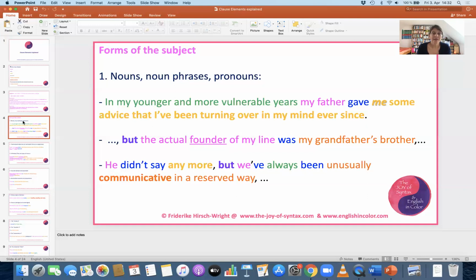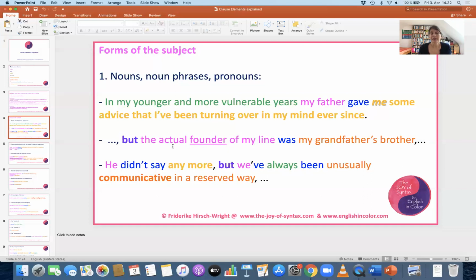This next clause is also from chapter 1, but you see it's part of a bigger sentence. But the actual founder of my line was my grandfather's brother. The actual founder of my line serves as the subject of this particular main clause. We see that the nucleus, the main part, is the noun founder.